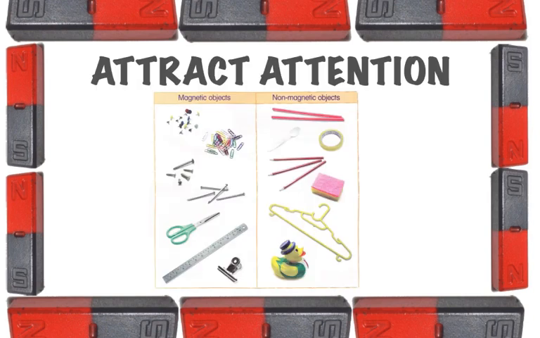Now, let's remember the things that are attracted to magnets. We discussed the 2 boxes that we have here on this page. We have magnetic objects that are attracted to magnets, and we also have non-magnetic objects which are not attracted to magnets.